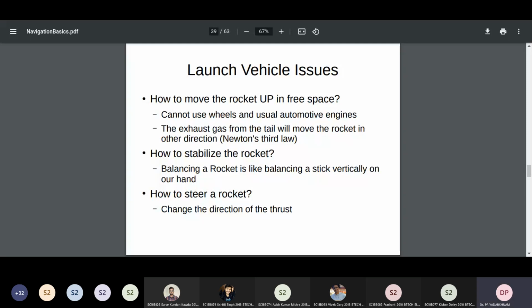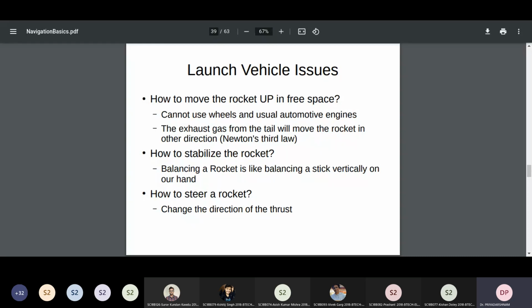Then the difficulty here is how do you stabilize the rocket? Imagine you have a long stick that you are trying to balance on your hand. You have to move your hand from the bottom to make sure that the stick does not fall down. So it's also called the inverted pendulum problem, stabilizing a rocket.